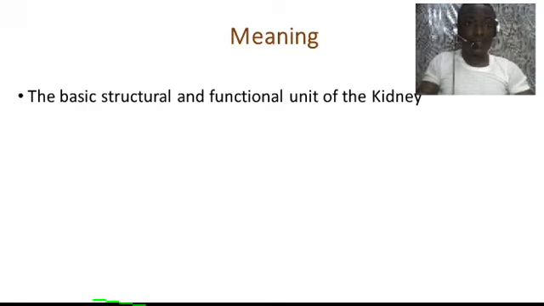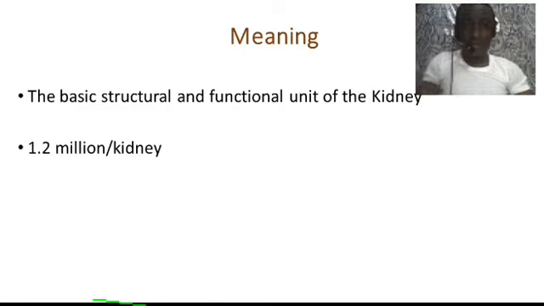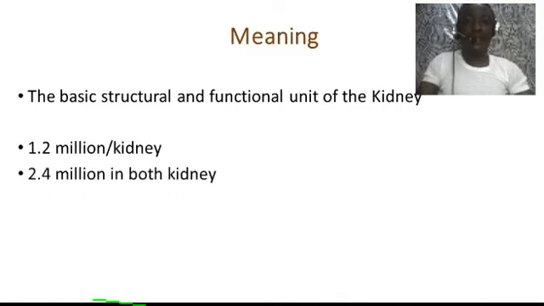The nephron is the building block of the kidney. There are about 1.2 million nephrons in each kidney. It means that one of your kidneys contains 1.2 million nephrons. This implies that both kidneys would have 2.4 million nephrons.